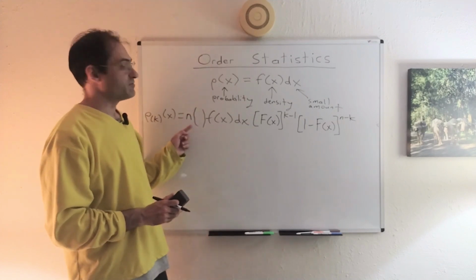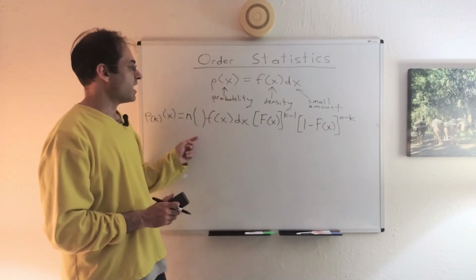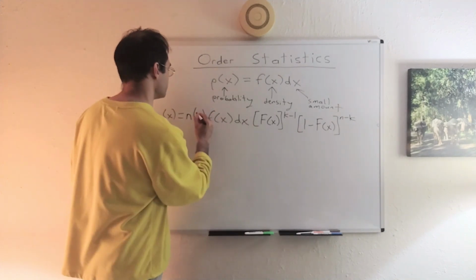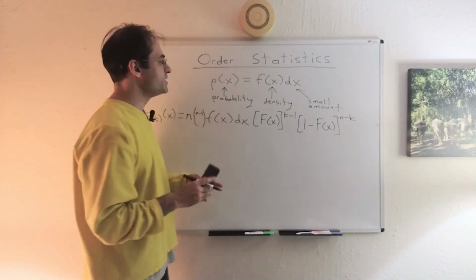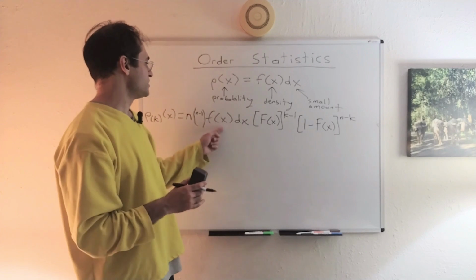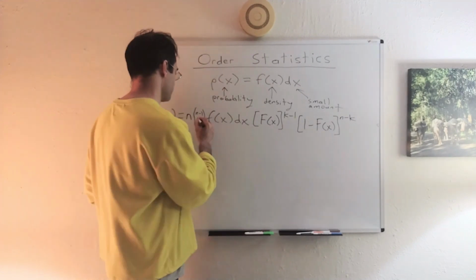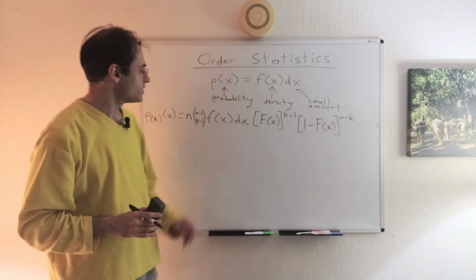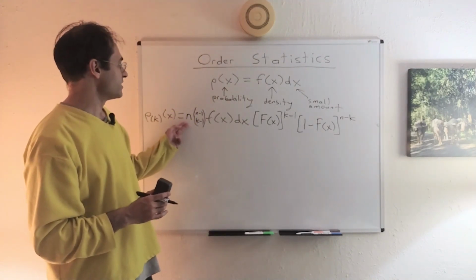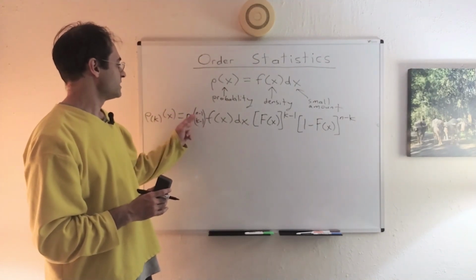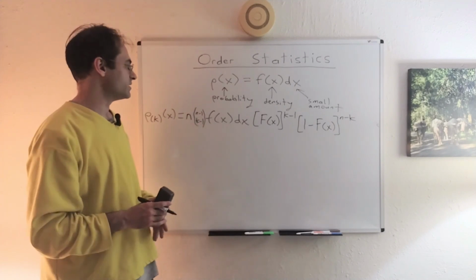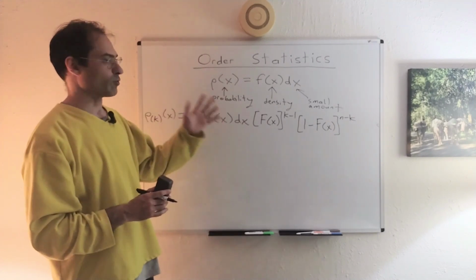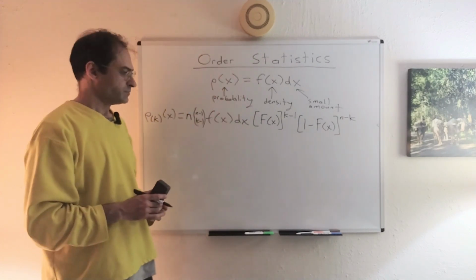For each of those n, of the remaining n minus 1, we can choose k minus 1 to be less than this. That's just a little combinatorics here: n times (n minus 1 choose k minus 1). That will give us all the different possibilities of the different ordering of the samples.